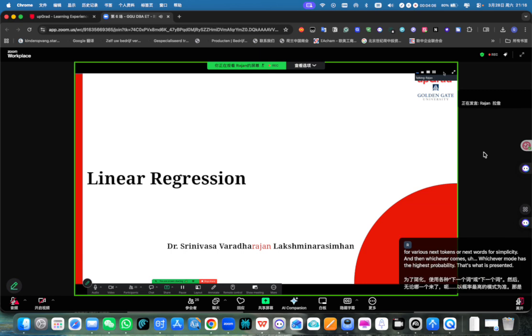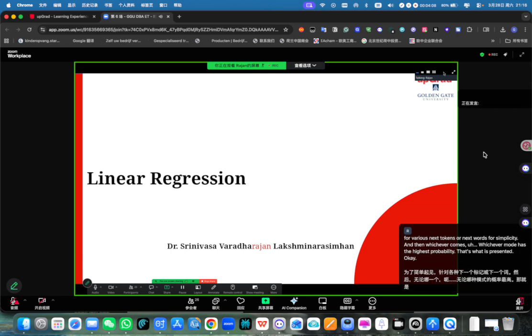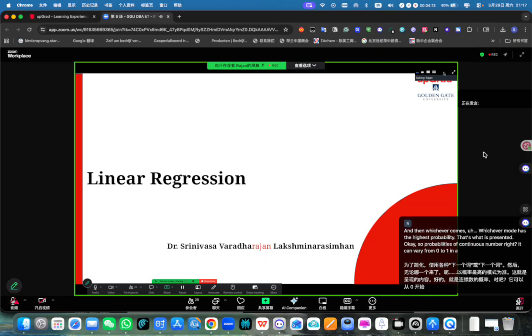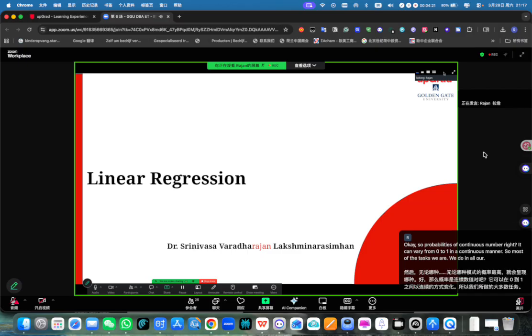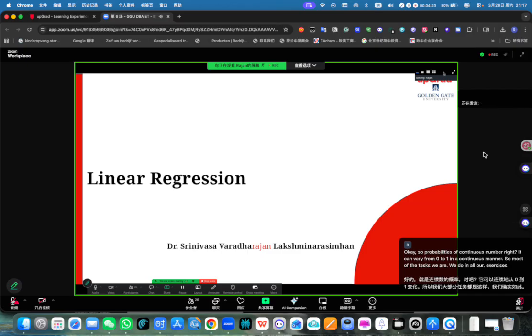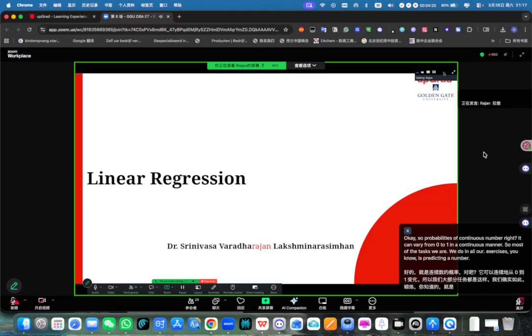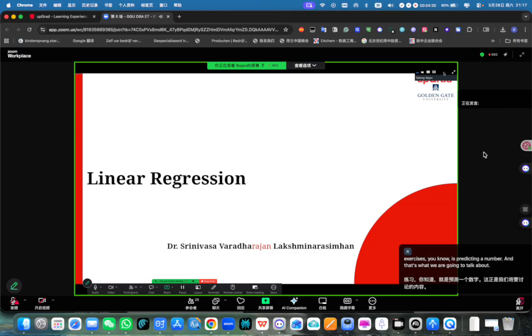So probability is a continuous number, right? It can vary from 0 to 1 in a continuous manner. So most of the tasks we do in all our exercises is predicting a number. And that's what we are going to talk about for the next 2-3 sessions.